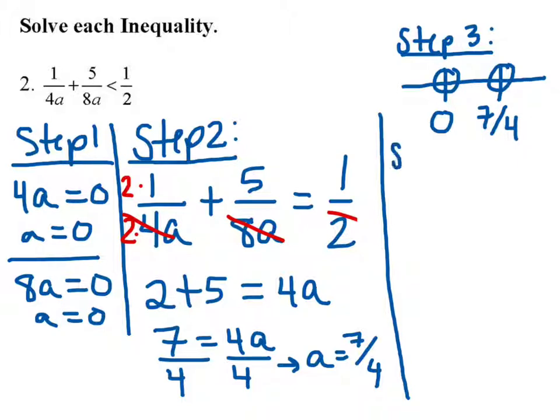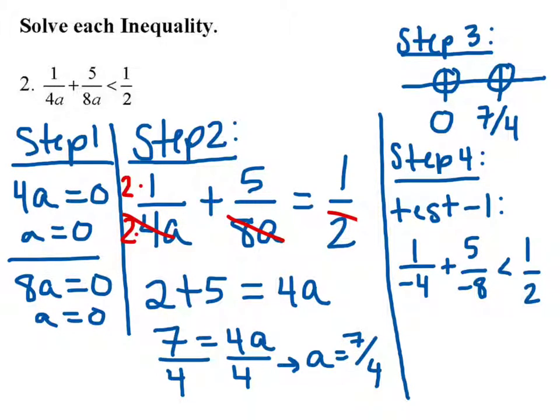Step 4 is to do so. So I'm going to test -1 first. So when I plug -1 into my inequality, I end up with this statement. We want to verify if this is true. The first fraction, we've got -1/4.